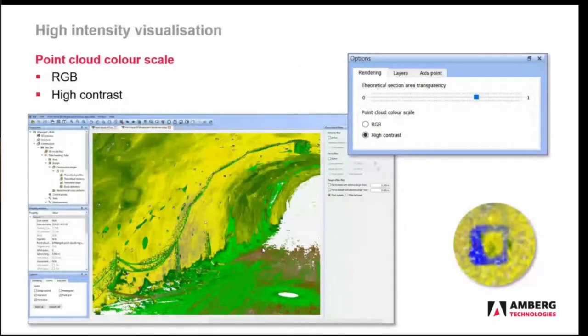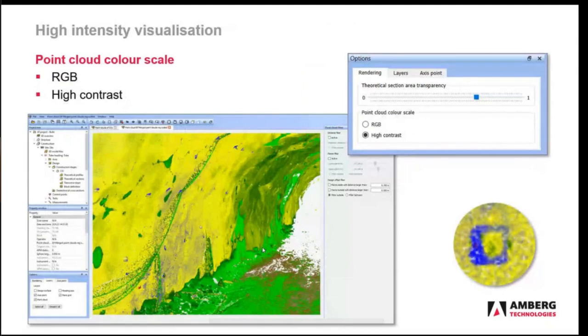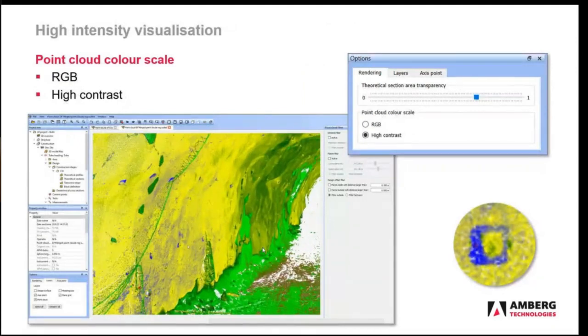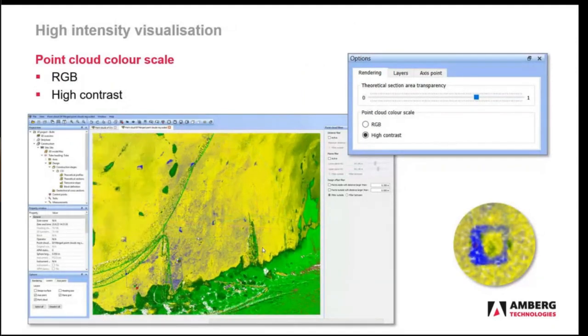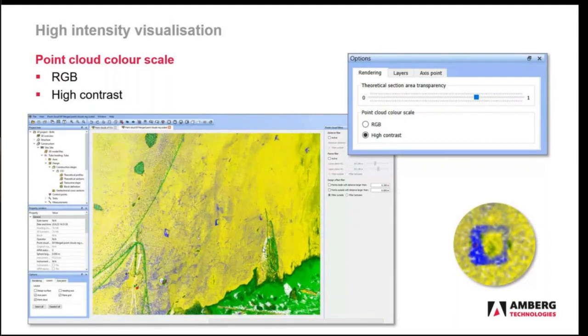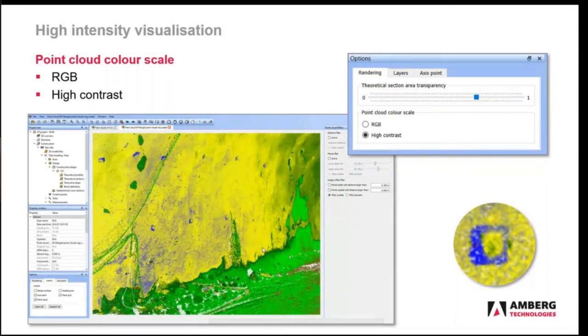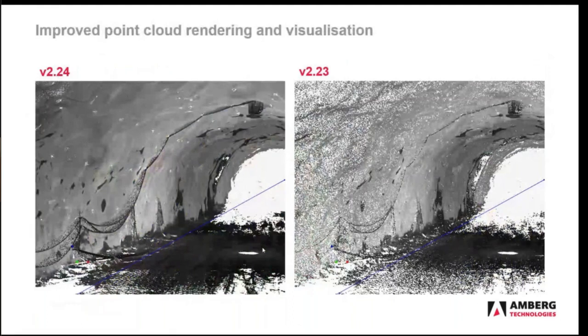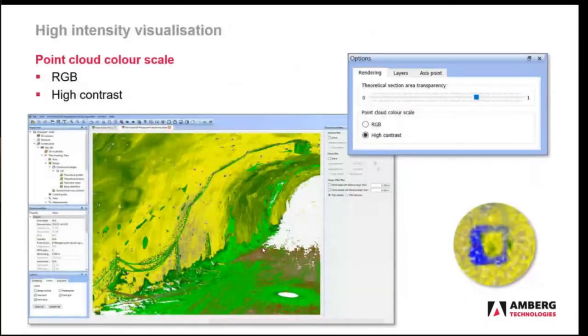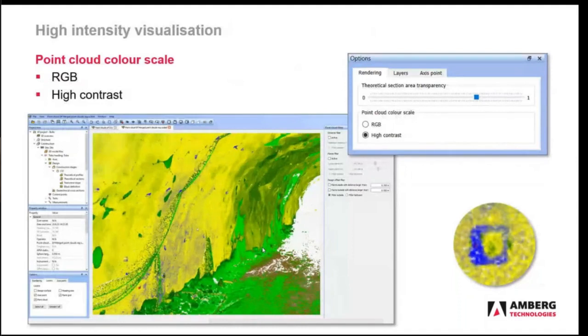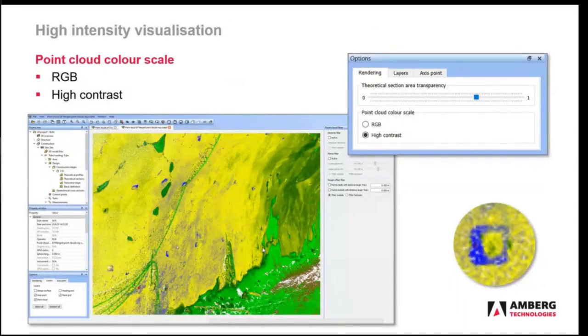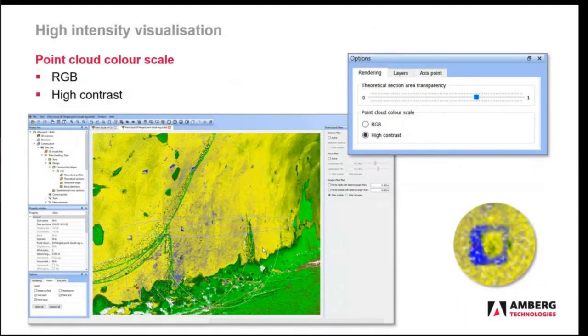In addition, we have introduced a new high contrast point cloud color scale. As you could see from the previous image, oftentimes the image can be darker than this, so it can be quite difficult, especially if you need to hand over a cleaned point cloud. But now we have this high contrast view, and it's quite good, especially with the RTC and the BLK.